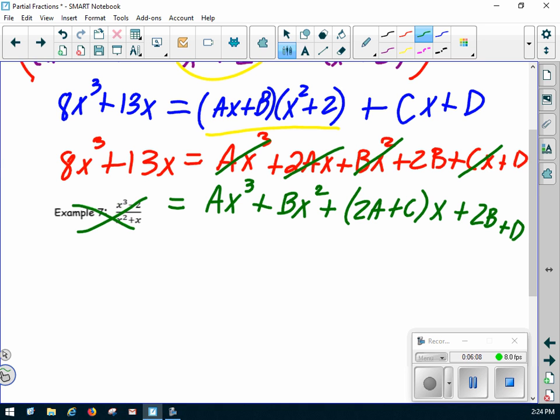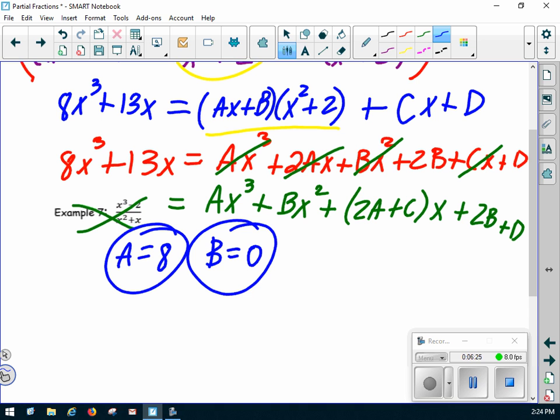A is 8. Good. A is 8. What's B? B is 0, because there's no x squared on the left. Good. You said 2a plus c was equal to what? 13. What's C?